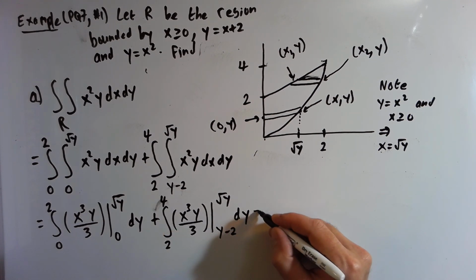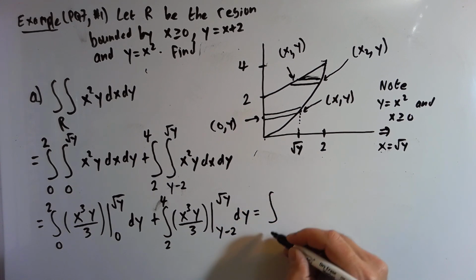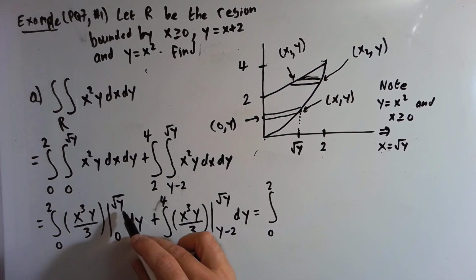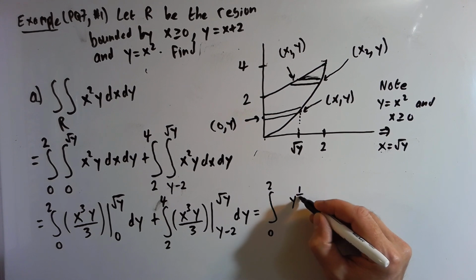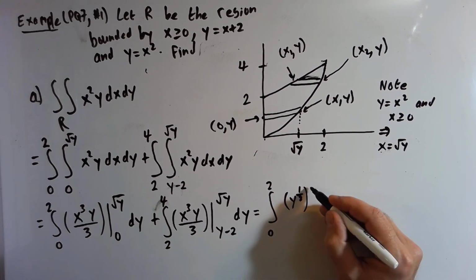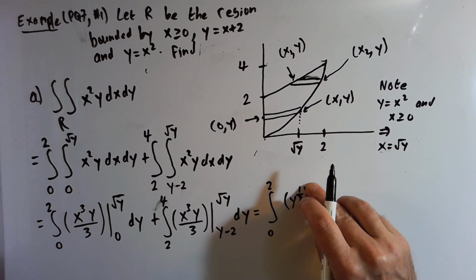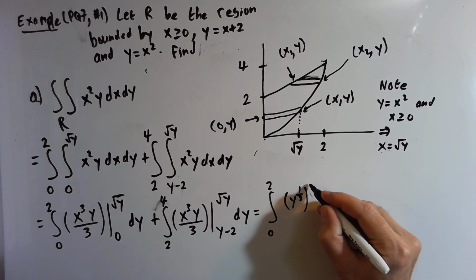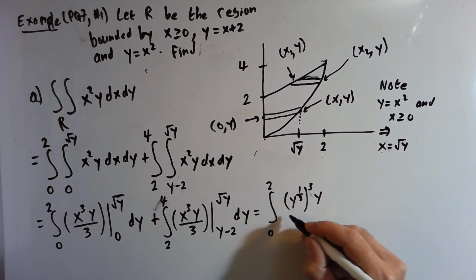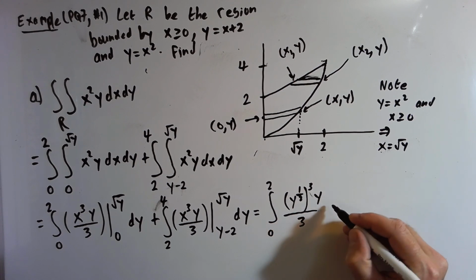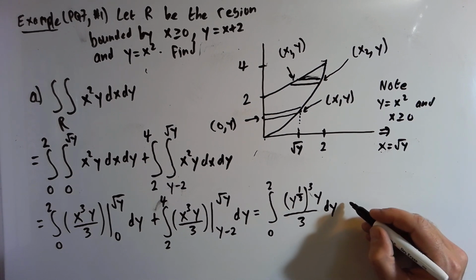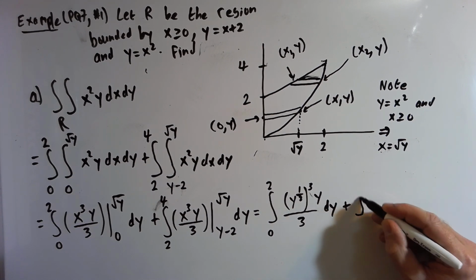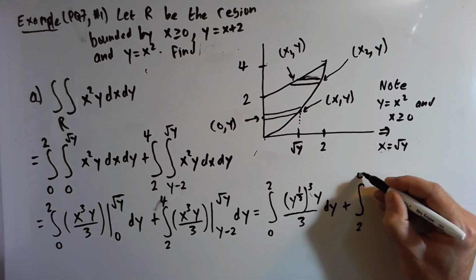So doing that, the first one from 0 to 2, you can write that as y to the 1/2 cubed times y over 3 dy for that one, and then plus integral 2 to 4.